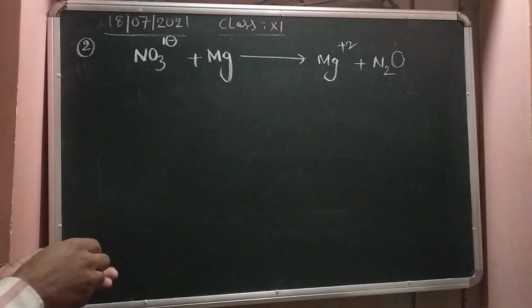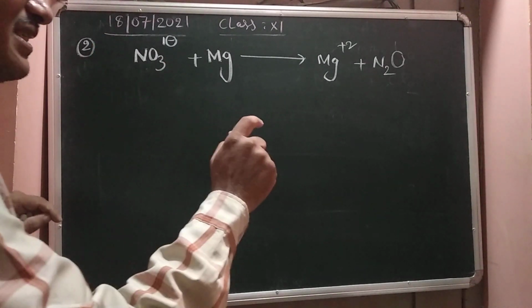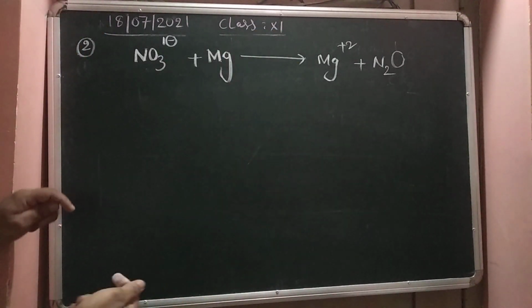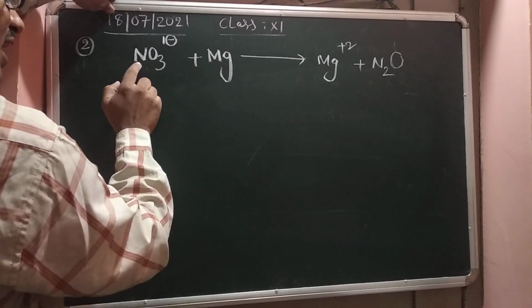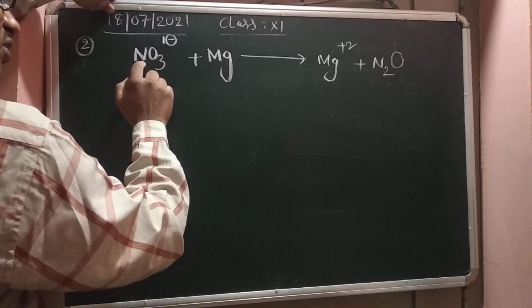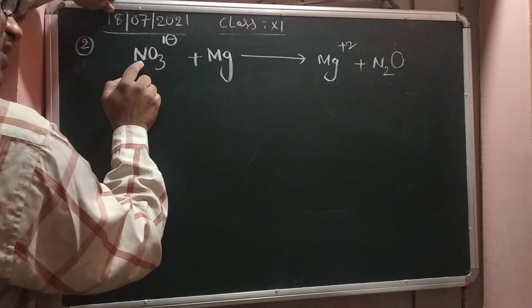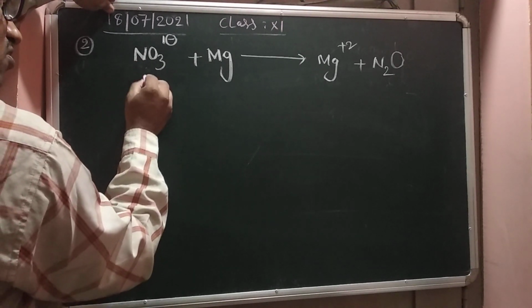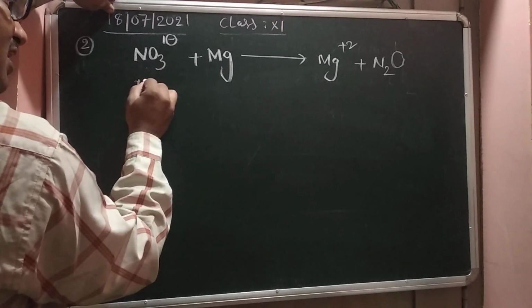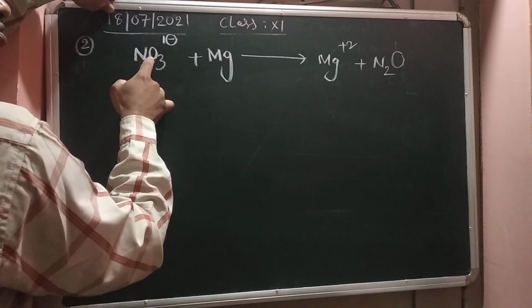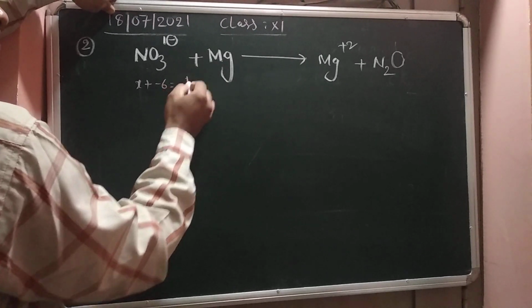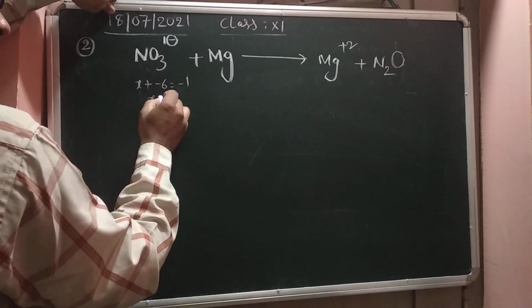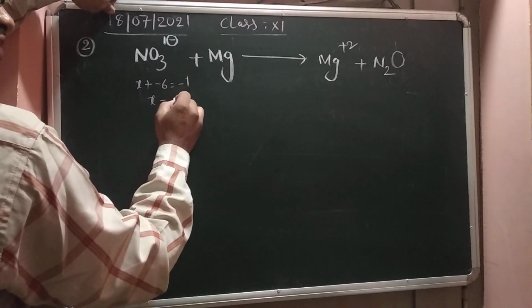Now I will find out where is the increase in oxidation number and where is the decrease. In NO3 minus, I will find the nitrogen oxidation state: X plus 3 times minus 2, which is minus 6, so X minus 6 equals minus 1, X equals minus 1 plus 6.